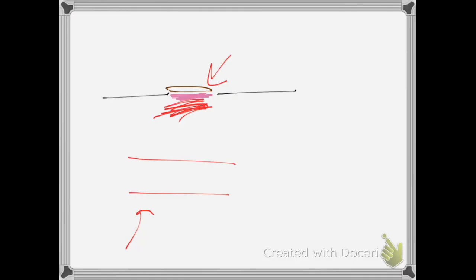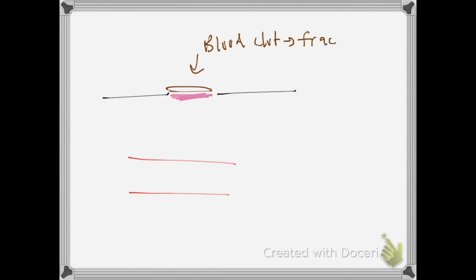So let's keep this picture and just add some new words. For a bone, I'll draw this out using these words, and then I'll draw a bone specifically so you can get a better idea of what it might look like. Our blood clot, instead of being called a blood clot, is going to be called a fracture hematoma. A hematoma, oma, is a swelling.